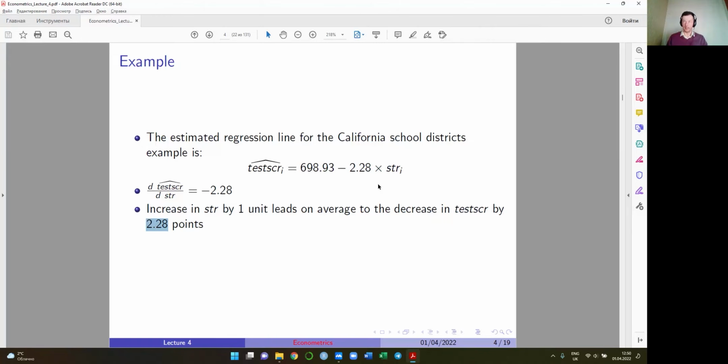And in this case, when assumption 1 doesn't hold, you simply fail to give the quantitative measurement of this causal effect, because this 228 is not going to be true, and we will see this.